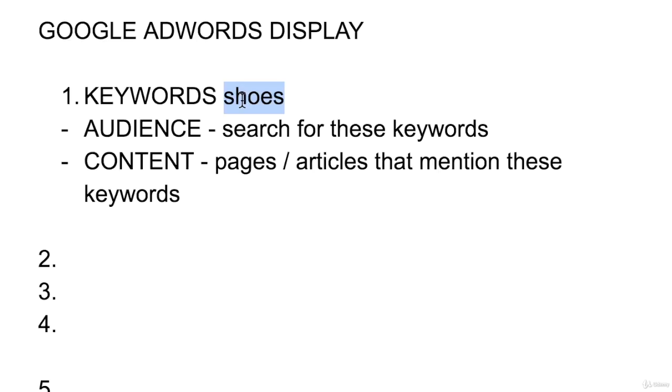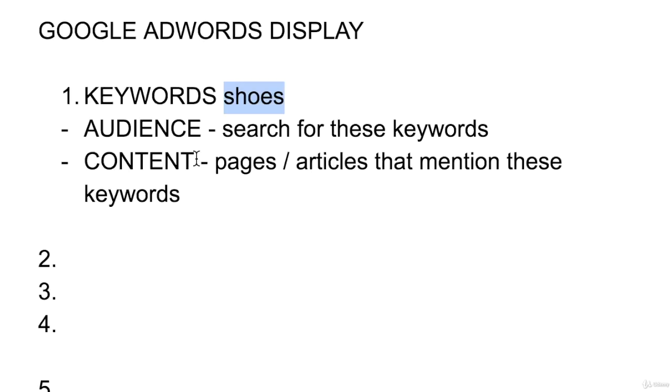So if I am a user that is highly interested in shoes and I go on Forbes magazine, there I will see your banner. If I'm not interested in shoes, or I haven't searched shoes in the past, I won't see your banner, I will see another banner. So this is the first way of targeting people based on what keywords they searched previously. There is a second option on keywords, which is content.